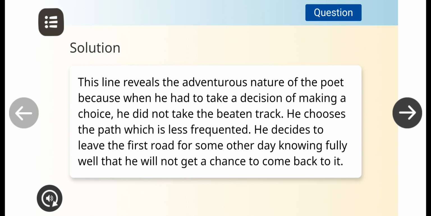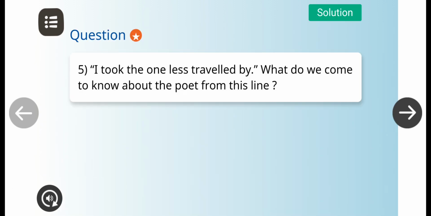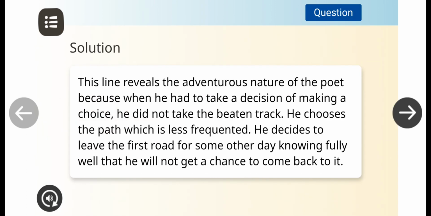So, the question was whether the poet knew that he would be traveling the first road or not, because at the moment he had chosen the path which was less traveled, the second road.